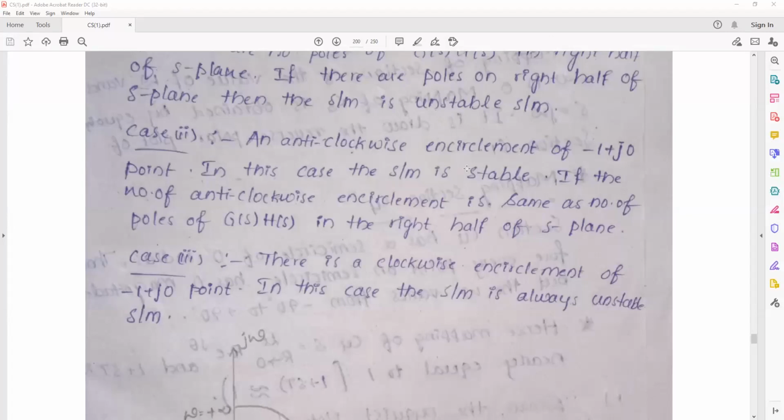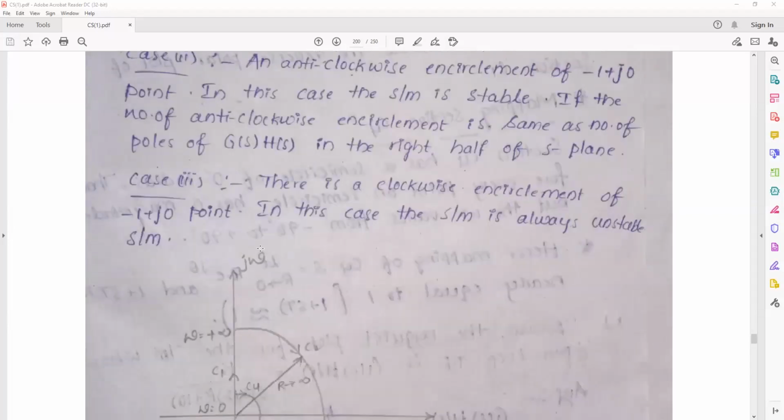In this case, the system is stable if the number of anti-clockwise encirclements is the same as the number of poles of G(s)H(s) in the right half of the s-plane.